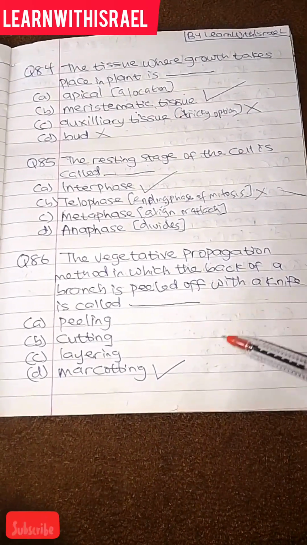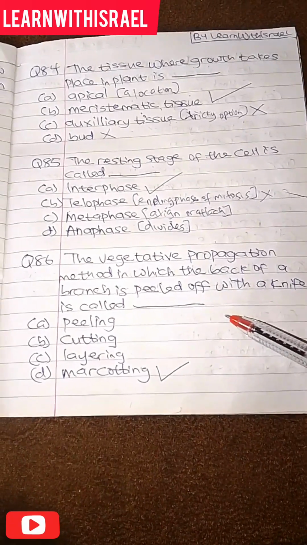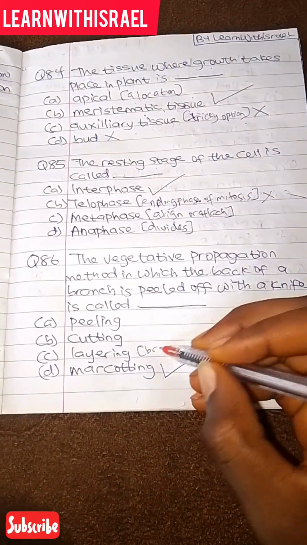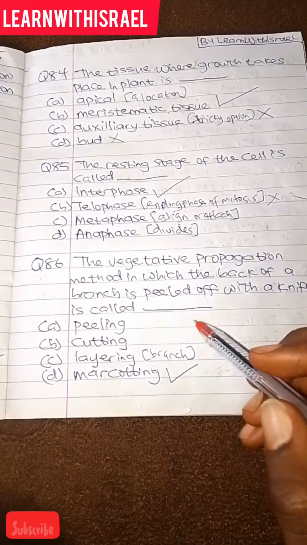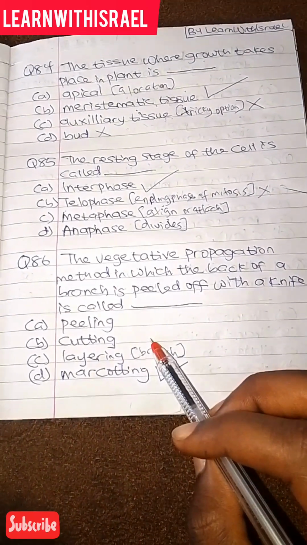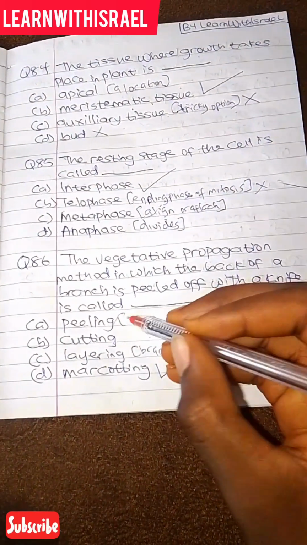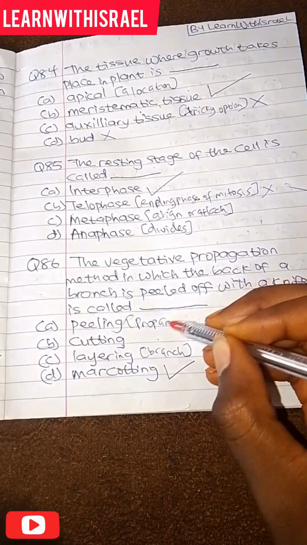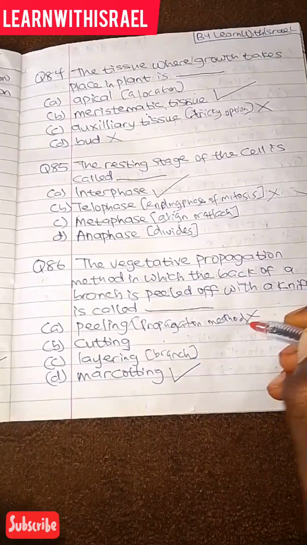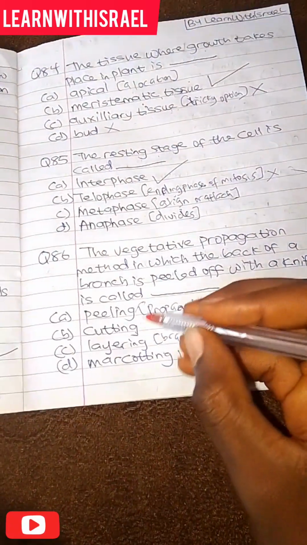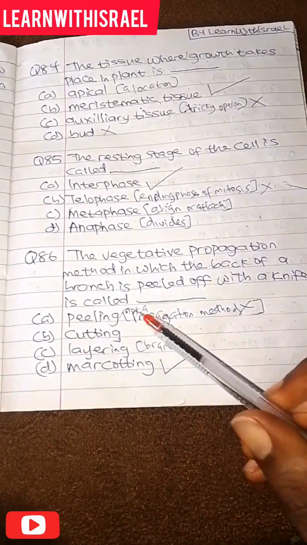In marcotting, the bark is peeled and rooting occurs, while layering is a branch bent into the soil, cutting is a plant part that is cut, and peeling is not a propagation method. So the correct answer is marcotting.